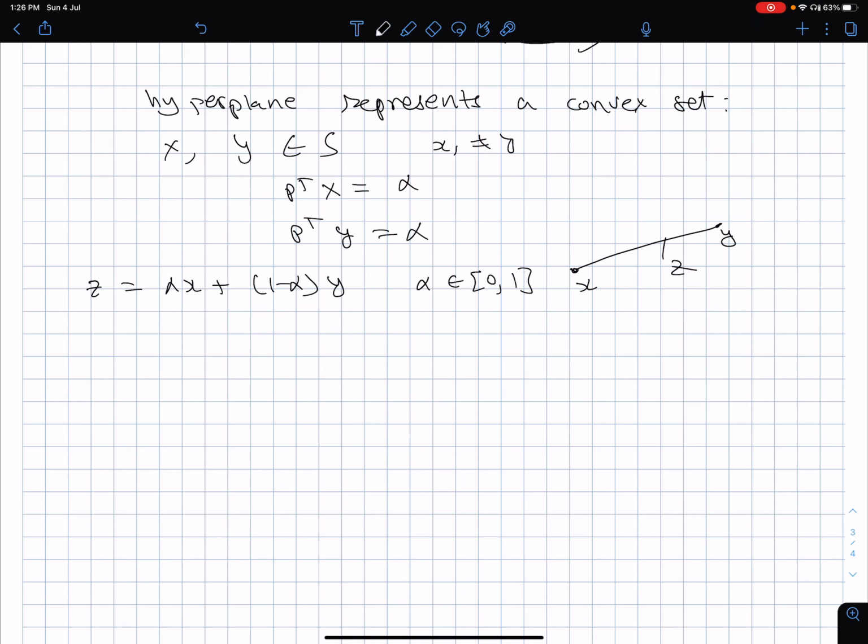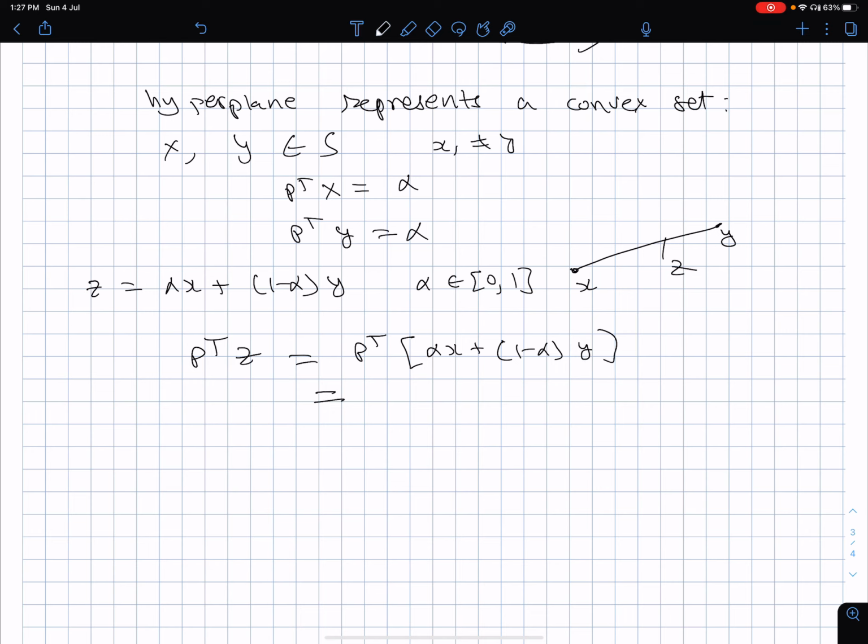Now let's evaluate the point on this line segment. Okay, this is a point. Now let's evaluate what happens to P transpose z. Okay, let's expand it, P transpose z.